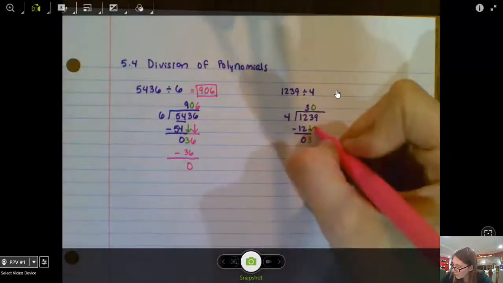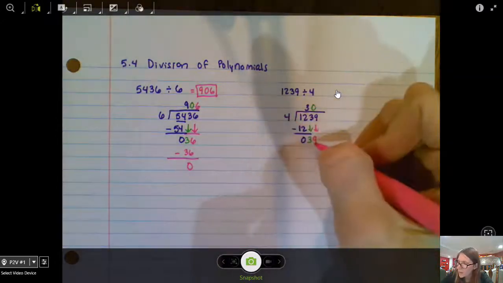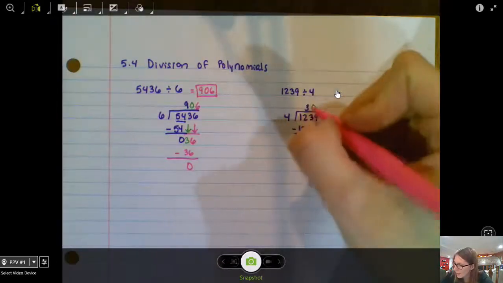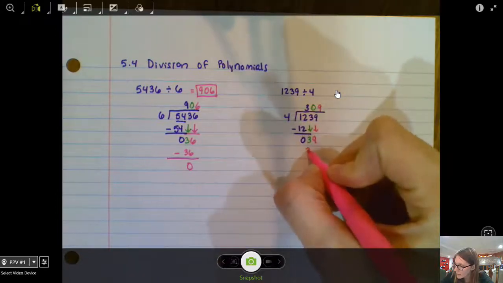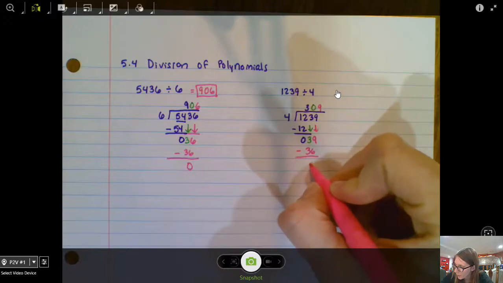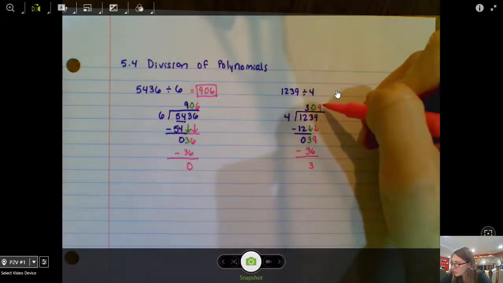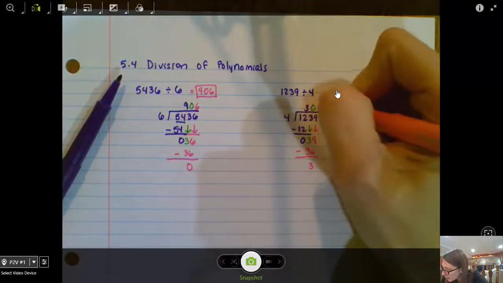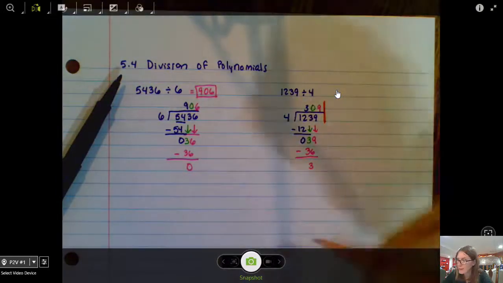Bring our 9 down. Does 4 go into 39? Okay, it does, not evenly, but it goes in 9 times. 9 times 4 is 36. Subtract straight down, we get 3 left over. Now, as soon as we get to the end of our bar, we can be done.